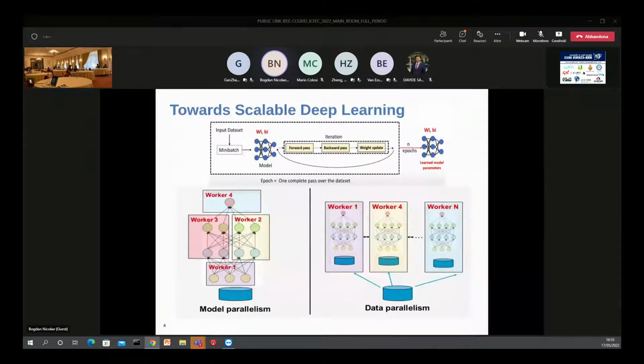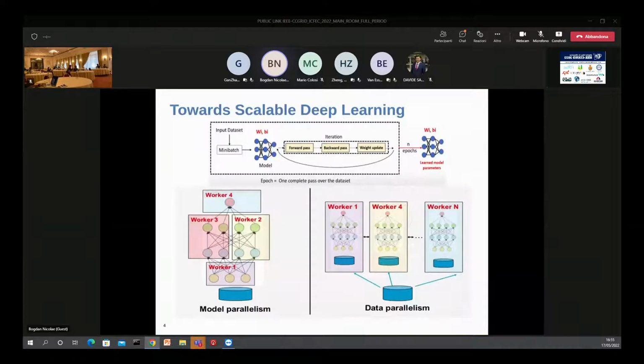Now we want to make use of HPC infrastructure to do this training at scale, and we have techniques to do that. If the model doesn't fit in the memory of a single device or compute node, then we use model parallelism, which involves splitting the model into groups of layers that we compute on different devices or compute nodes. If, on the other hand, the model fits in the memory of a device or a compute node, then we use data parallelism.